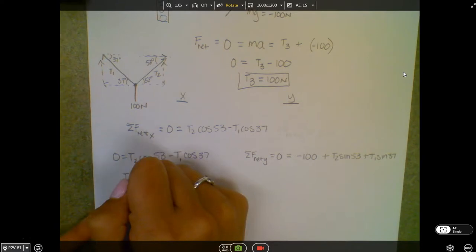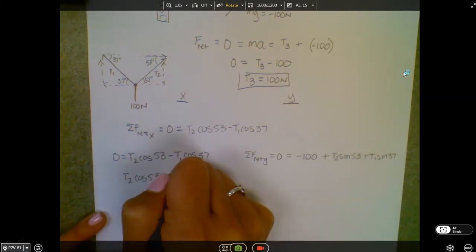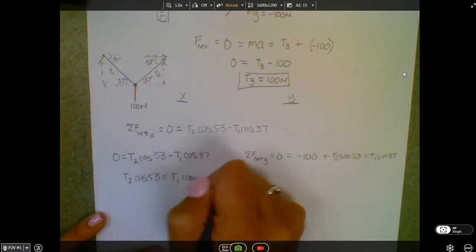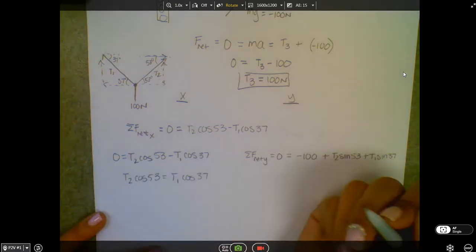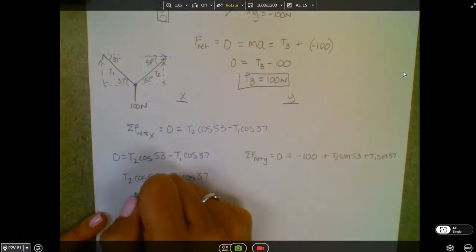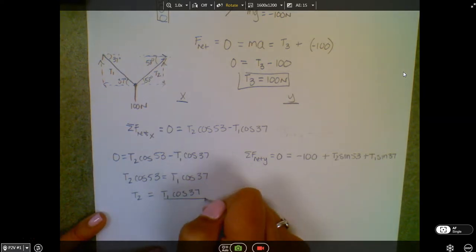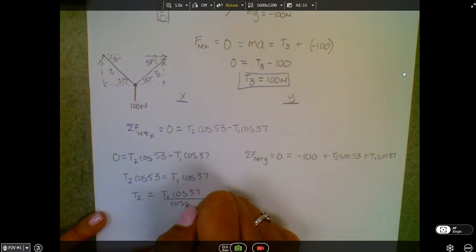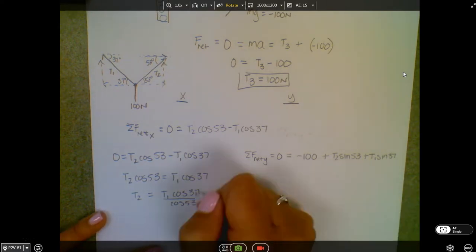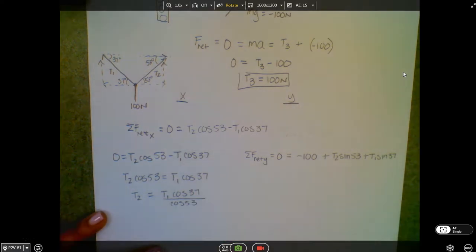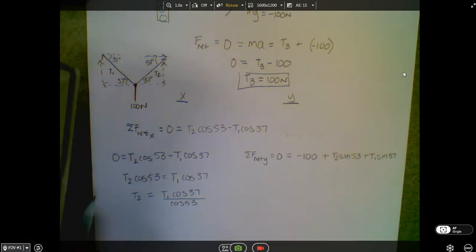So I have T2 cos 53 equals T1 cos 37. Divide by cos 53, so T2 equals T1 cos 37 divided by cos 53. And then my natural inclination would be to get this number, just because I don't like to hang on to these cosine numbers. So I would just do cos 37 divided by cos 53. Just be careful the way you put it in your calculator.